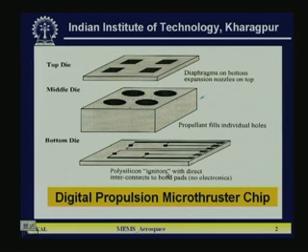Now you can judiciously choose to heat any of the resistors below the desired chamber. A lot of bonding inputs are there, and you can select the inputs depending on your application.